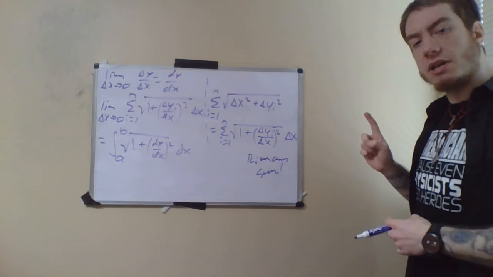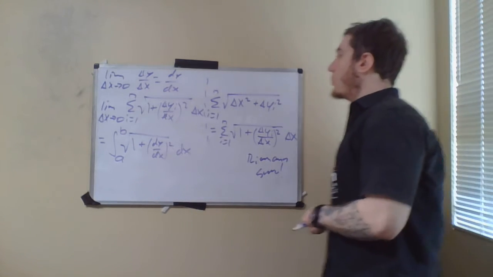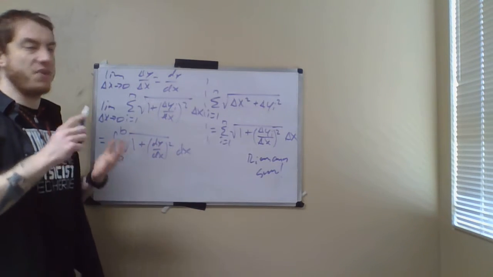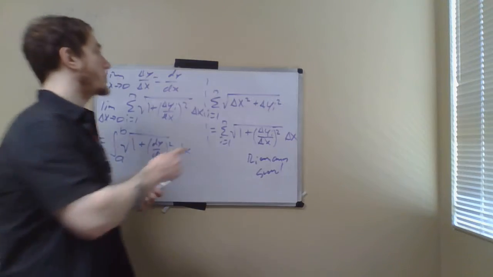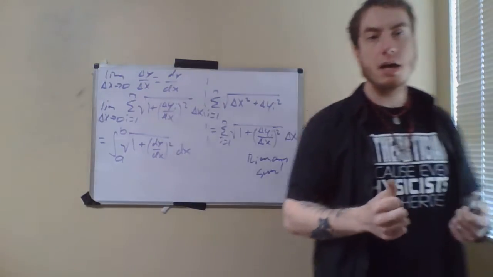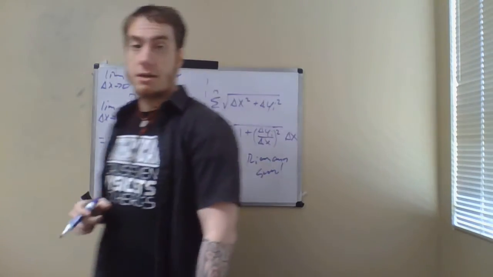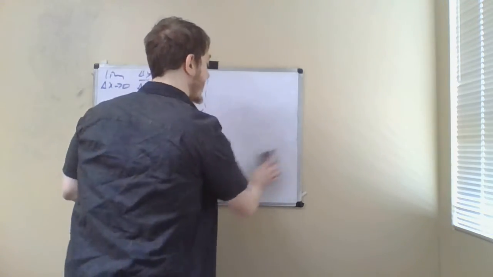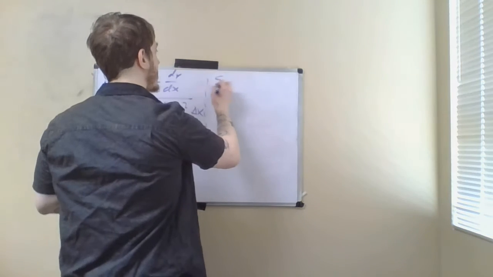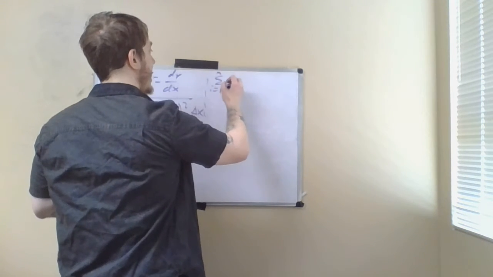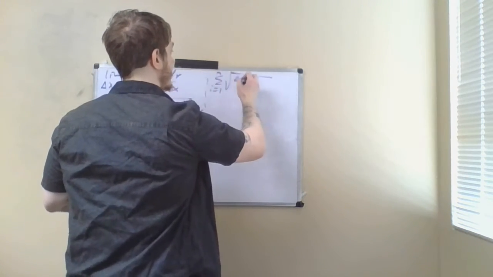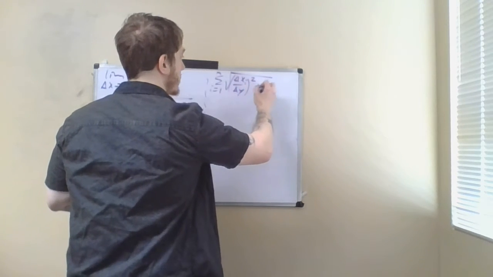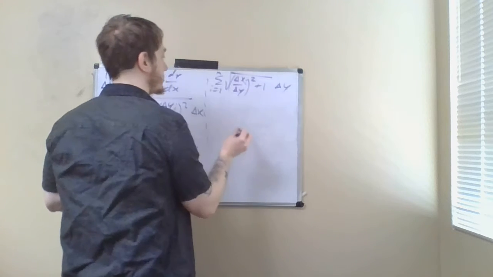But I could also have done it the opposite way. I could have said, well, what if we take delta y's as the fixed length and we turn the delta x's into the dependent difference? Well, in that case, we would have gotten almost the same thing, except we would have had the sum from i equals 1 up to n of the square root of delta xi over delta y squared plus 1, times delta y.